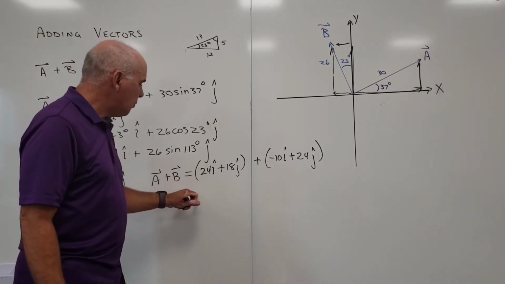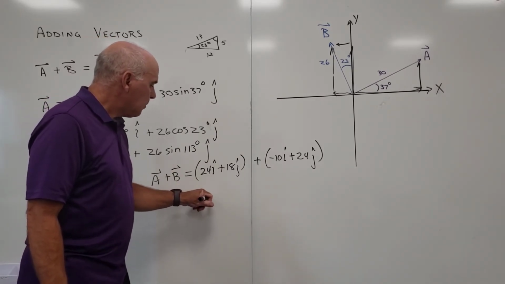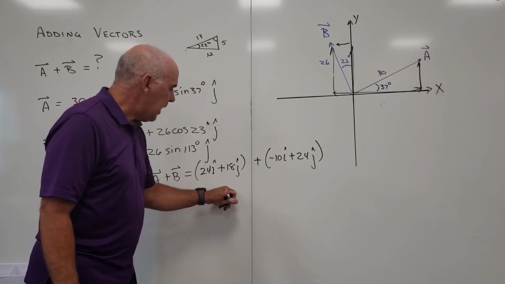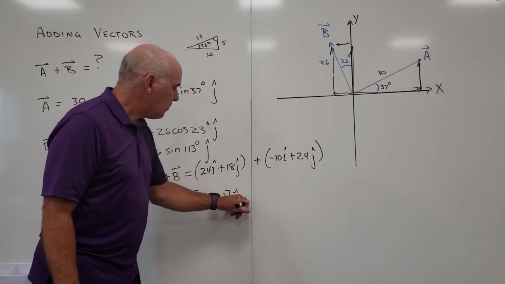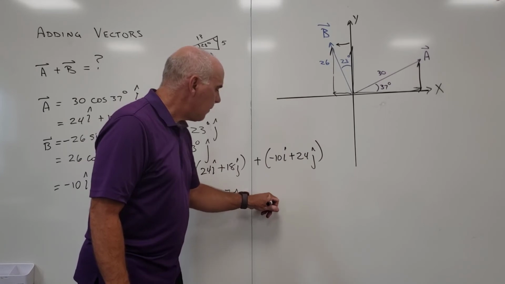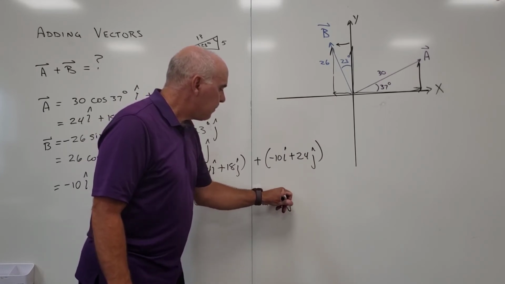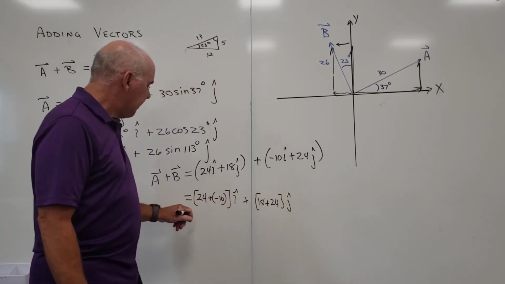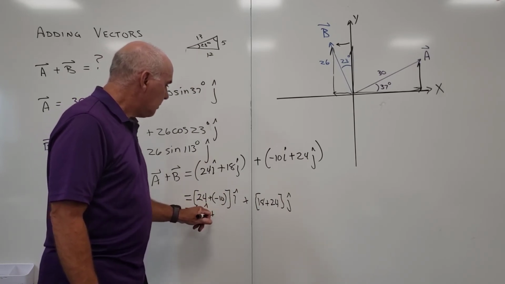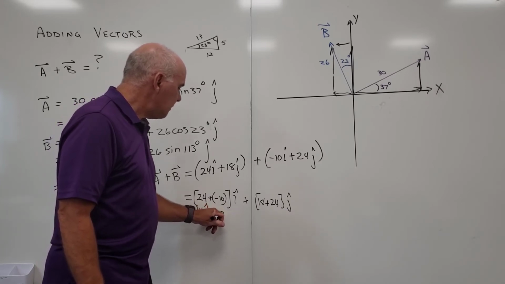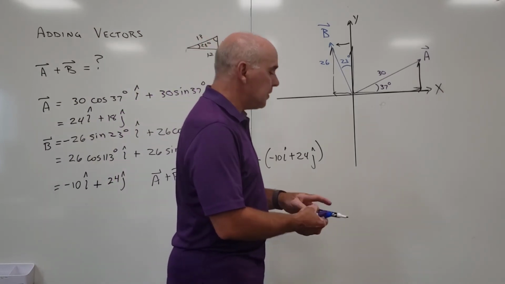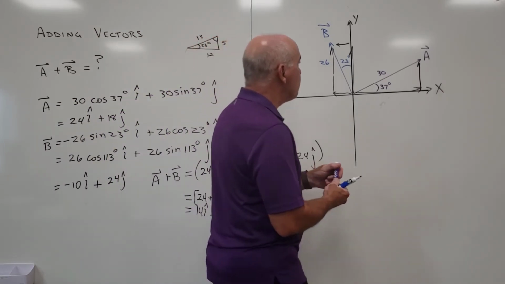And so this would be 24 plus negative 10 times i hat plus 18 plus 24 times j hat. And so I get 14 i hat plus 42 j hat.